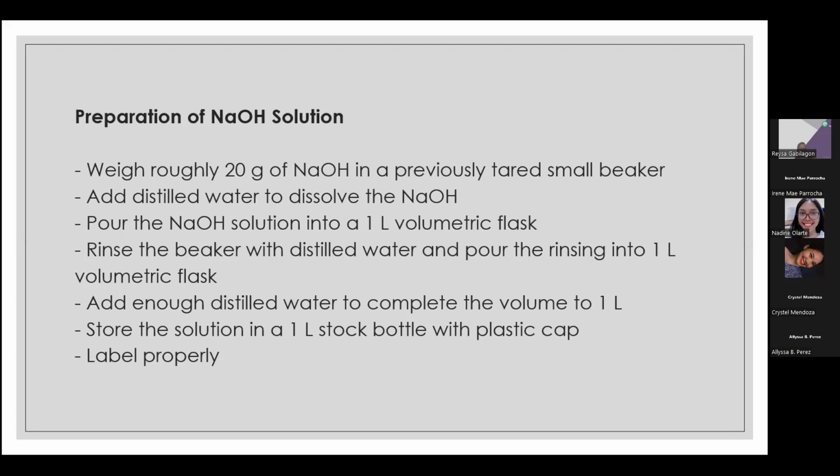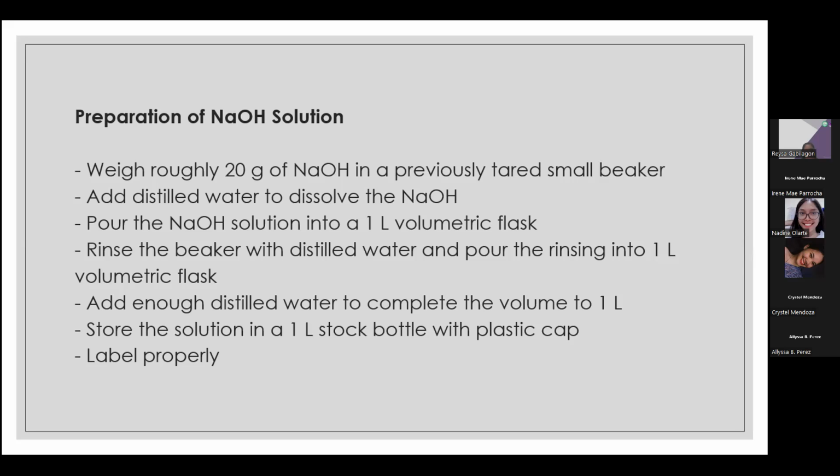For the preparation of NaOH solution, first weigh roughly 20 grams of NaOH in a previously tared small beaker. Then add distilled water to dissolve the NaOH and pour the NaOH solution into a 1 liter volumetric flask.